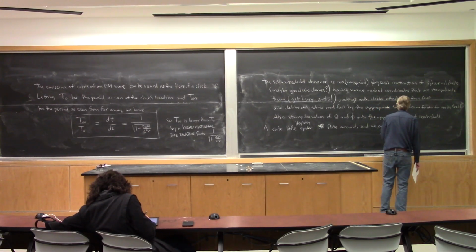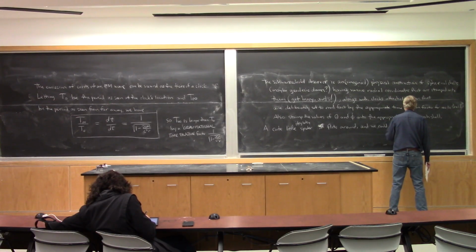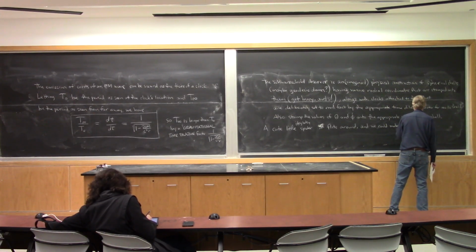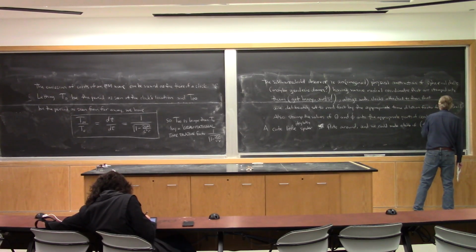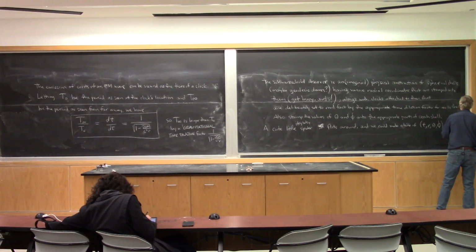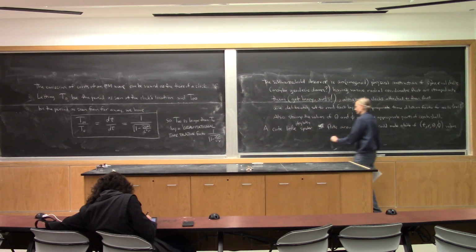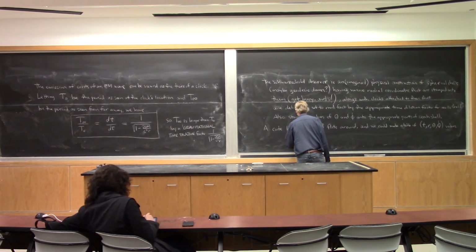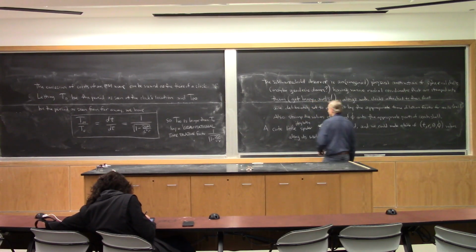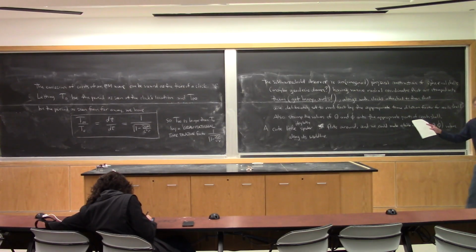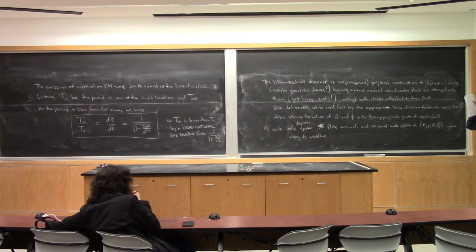And we could make a table of T, R, theta, phi values along its world line. We could thus plot its path in Schwarzschild's coordinates.